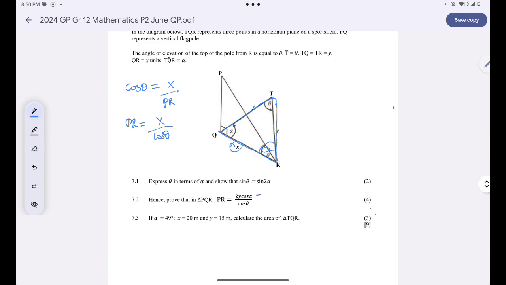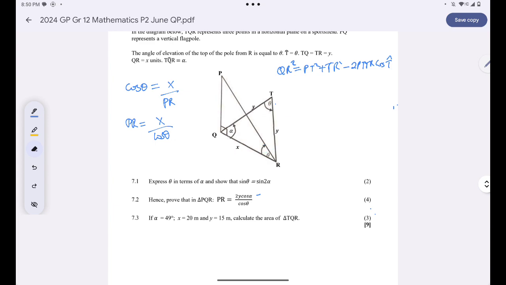I can simply say QR squared is equal to PT squared plus TR squared minus 2 times PT and TR multiplied by the cos of angle T, right?